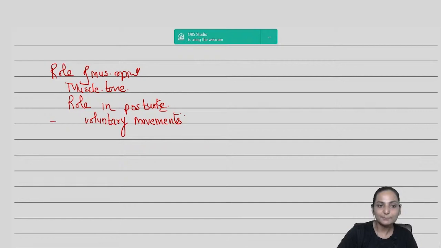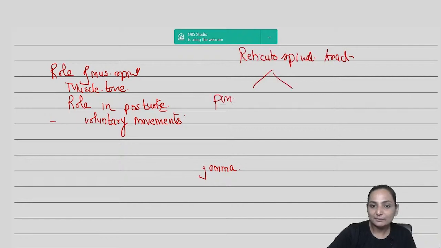Now finally, before we conclude, remember that these gamma motor neurons are more under the influence of the reticulospinal tract. You know that there is a pontine reticulospinal tract and there is a medullary reticulospinal tract. This medullary is inhibitory.